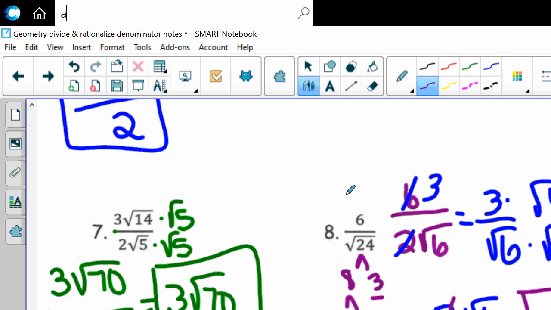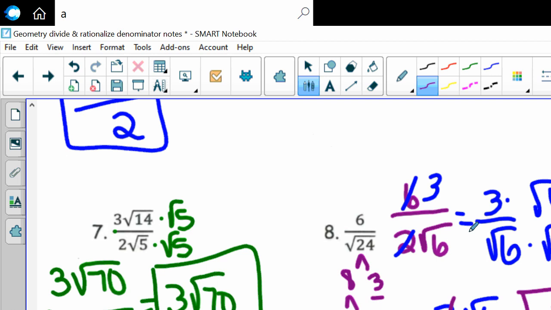Our last one, 10 square roots of 3 over 20 square roots of 15. The zeros cancel each other out, so really I just have 1 on top and 2 on the bottom. 3 and 15, they have something in common. That 3 goes in that 15 5 times. So really now I have 1 on top over 2 square roots of 5.